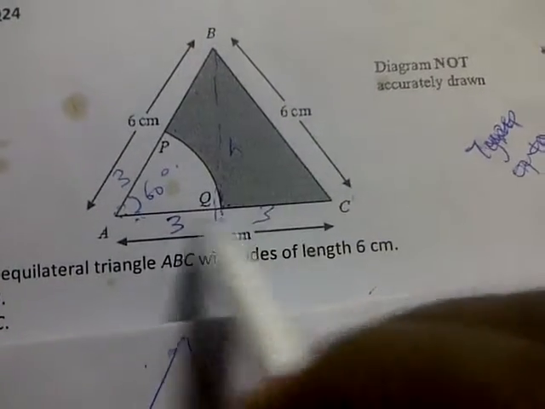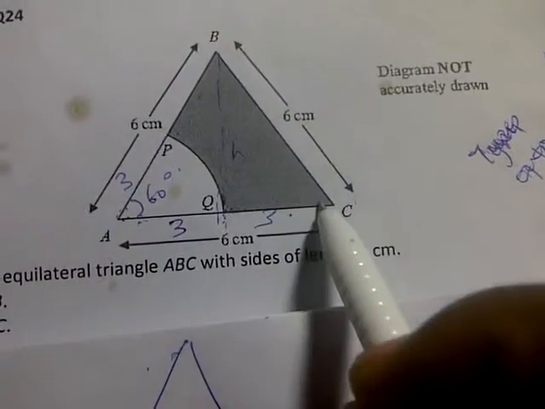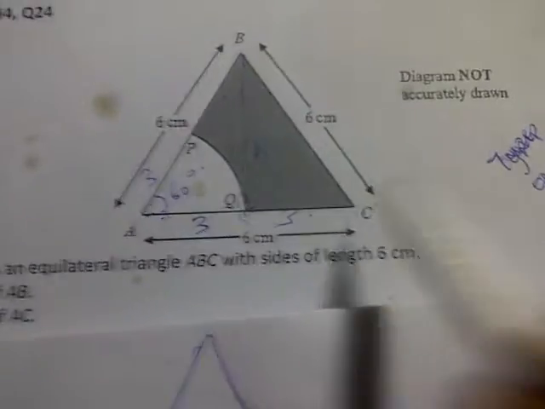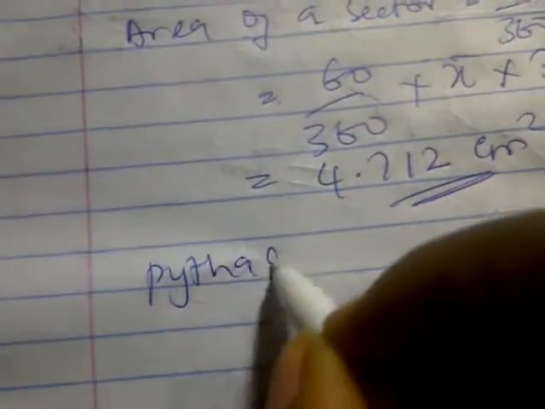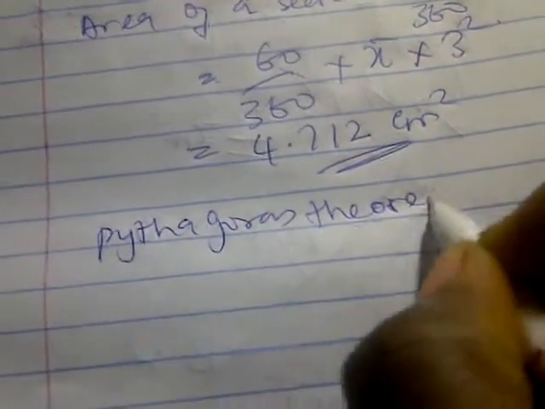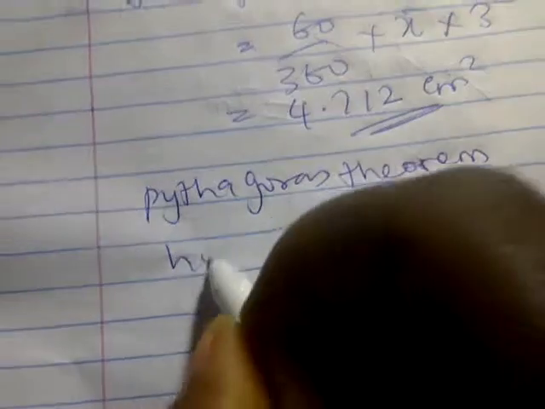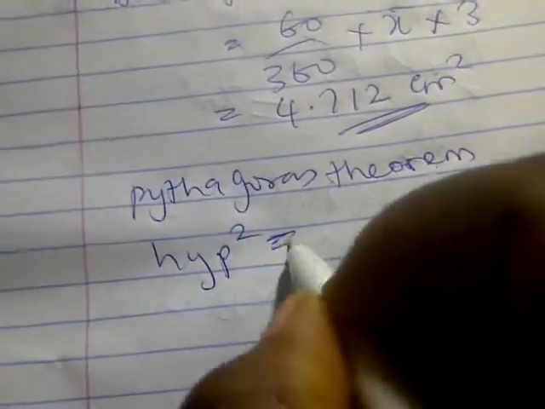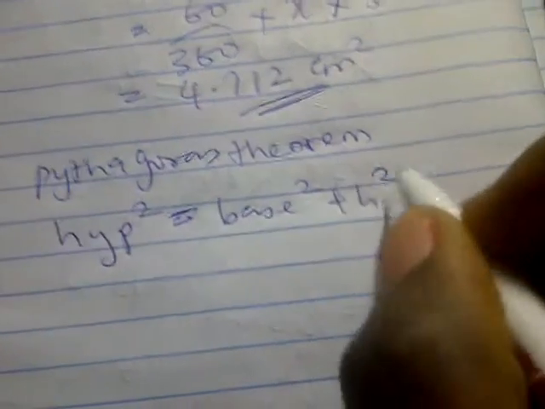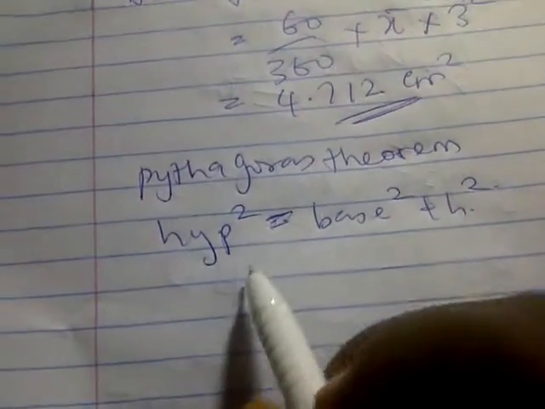So this is 3 and this is 3. So we now know the base and we know the hypotenuse. So we're going to use Pythagoras theorem. That says that the hypotenuse squared is equal to base squared plus height squared. We'll use that and find the height.